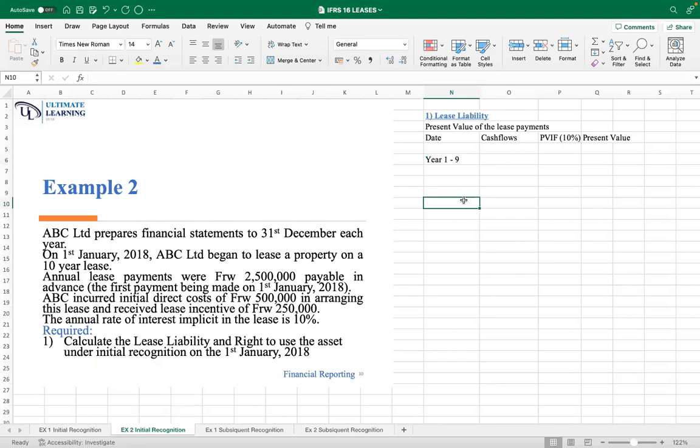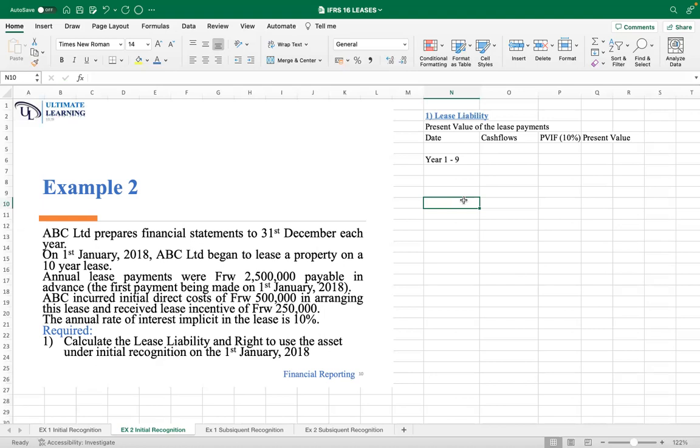When we are calculating the present value under the topic discounted cash flows, it is normally assumed that the first payment or the first receipt is 1 year from now. I'm repeating: whenever we are calculating the present value, the first receipt or payment is assumed to be 1 year from today.